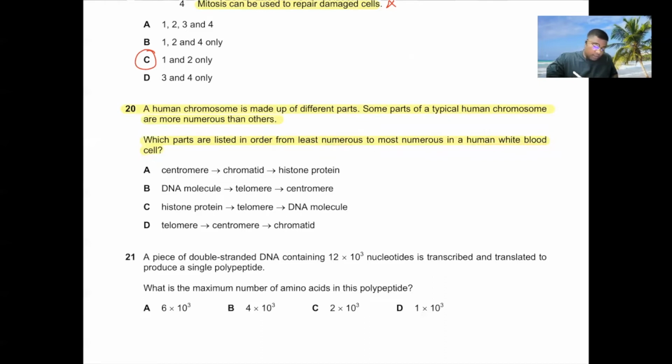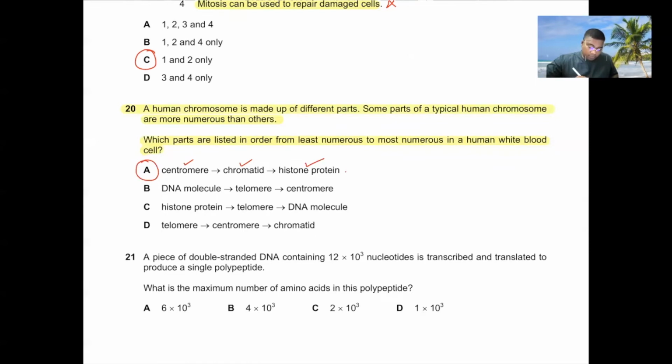One thing we can tell for sure is that centromere is very limited, because each chromosome has only one centromere. Chromatids will be double the number of centromeres, followed by histone proteins. So option A looks like the perfect answer. Let's see the other options.